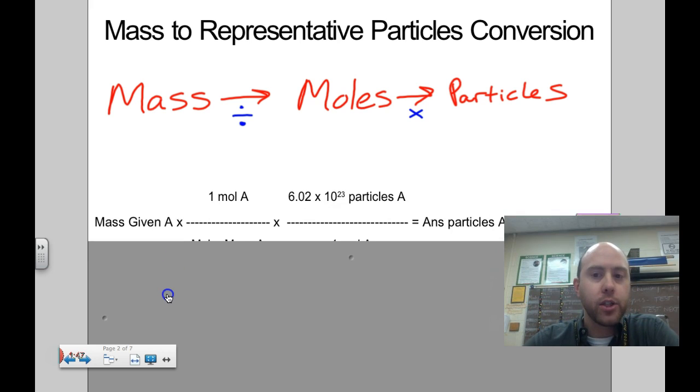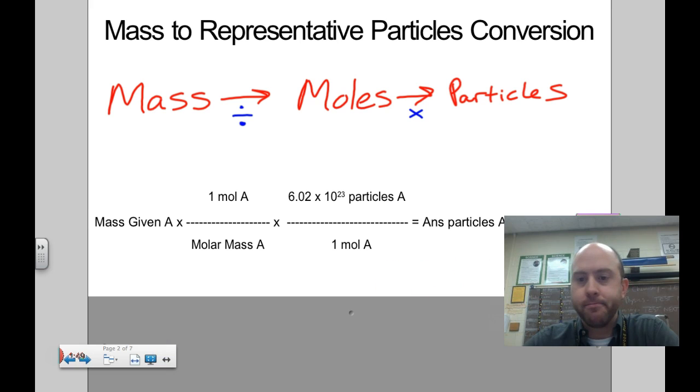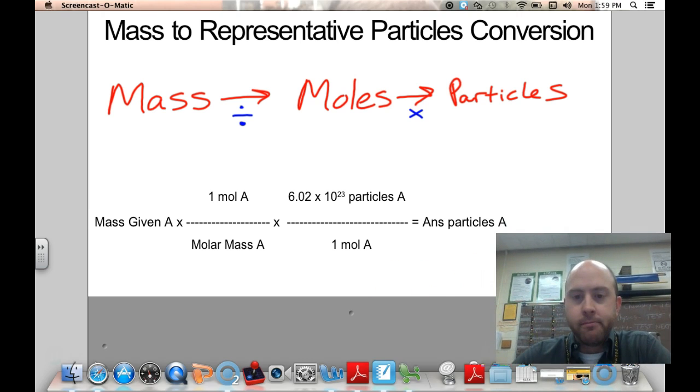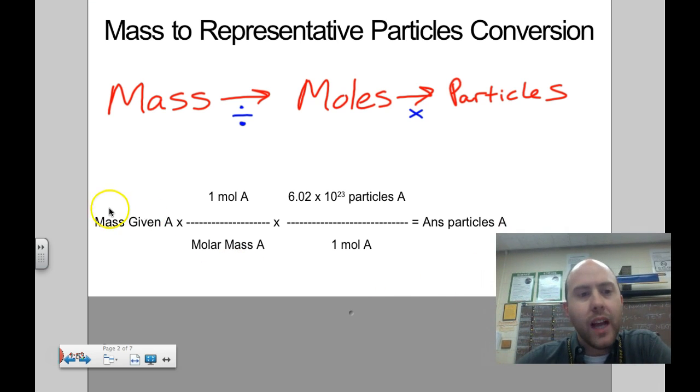Basically, here's what the equation breaks down into. I'm going to give you a mass right here. Then you need to change it to moles. Remember, one of the most important things is writing down where things go that you need and where things go that you have to get rid of. I want to get rid of mass, so I'm going to put mass at the bottom, specifically the molar mass. I need mole, so I'm going to put mole on top.